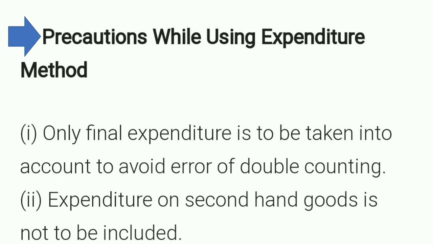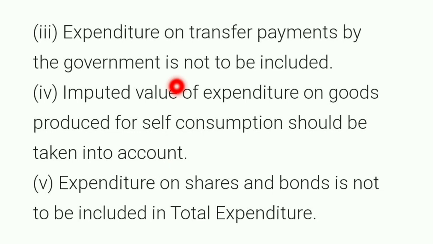I hope all this is clear to you. Also remember that only final expenditure will be taken, not intermediate expenditure, because if we take the value of intermediate goods as well, it will lead to the problem of double counting. And expenditure on second hand goods will not be included. So these are all the precautions that we had already discussed.